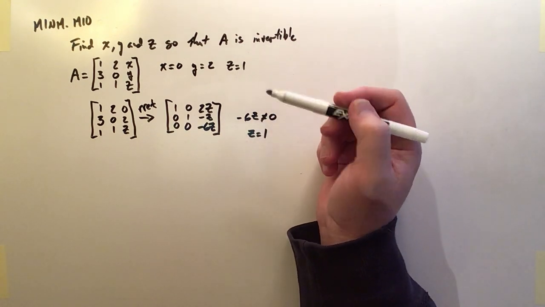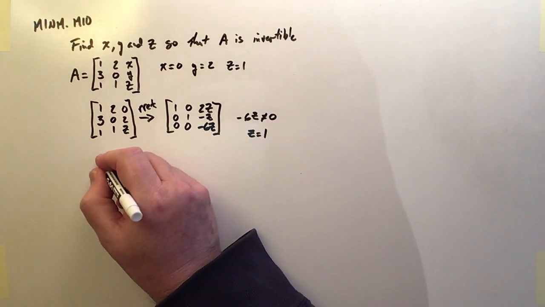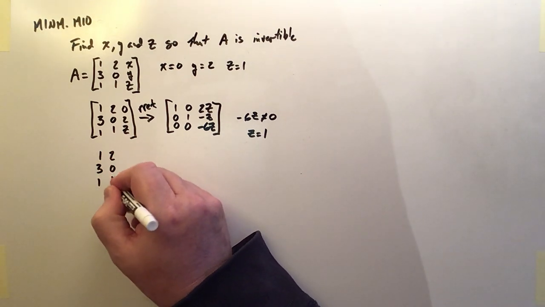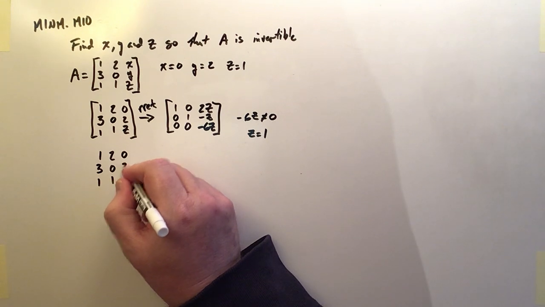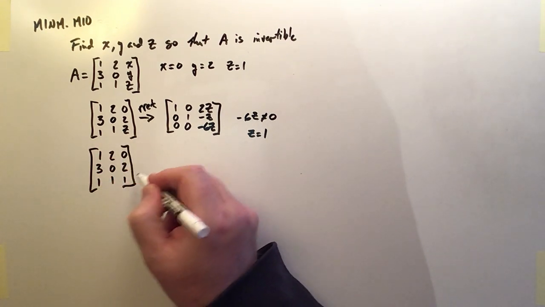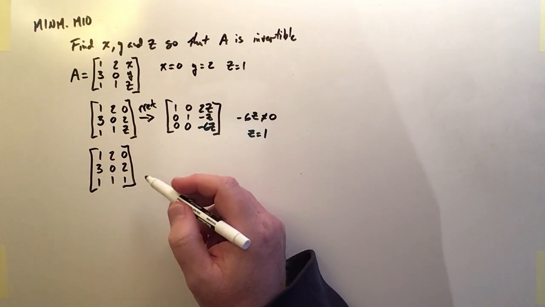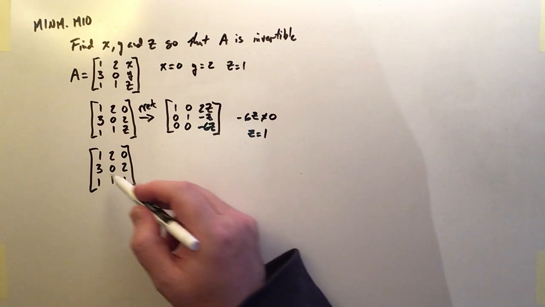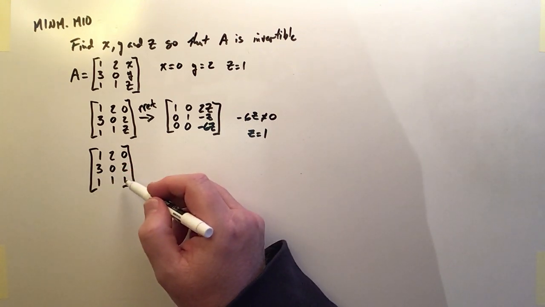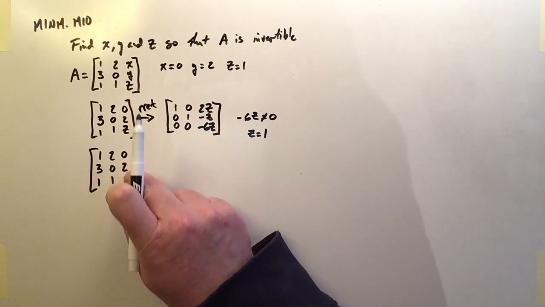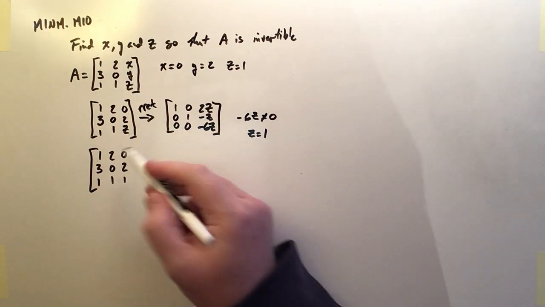Do we need some proof? Sure, let's prove it. So my new matrix A is 1, 3, 1, 2, 0, 1, and now 0, 2, 1. And in order for this to be invertible, I should be able to now find its inverse. And of course, the easiest way to do that is to do the RREF of this, where I've augmented it with the identity matrix.